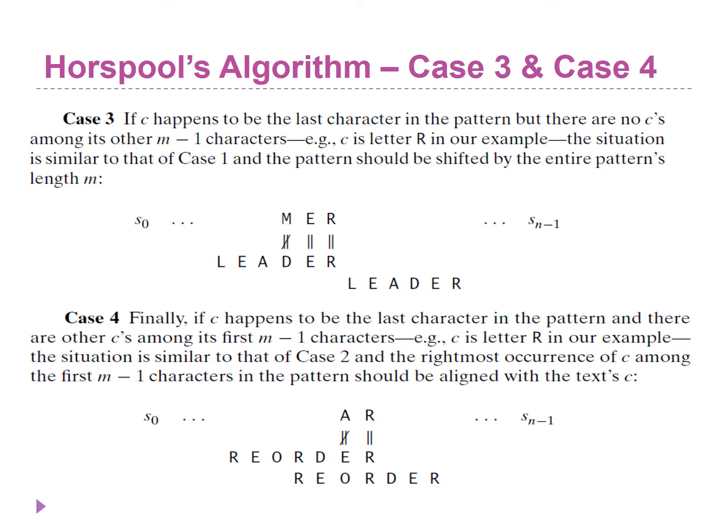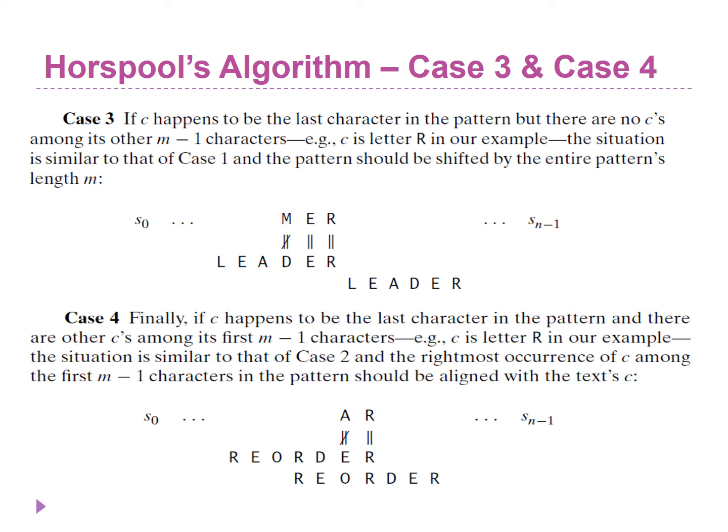Case 3 of Horspool's algorithm. If C happens to be the last character in the pattern and there are no C's among its other m-1 characters, then the pattern should be shifted by the entire pattern's length m. Consider the example of matching the pattern leader with some text.